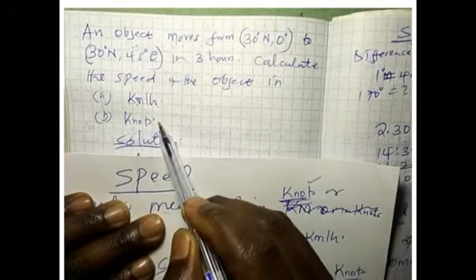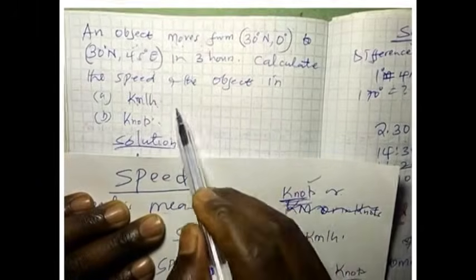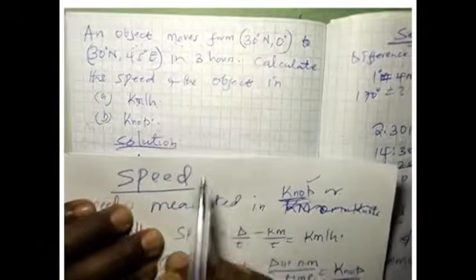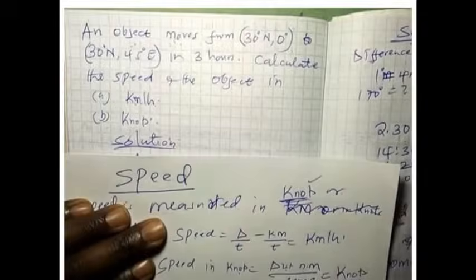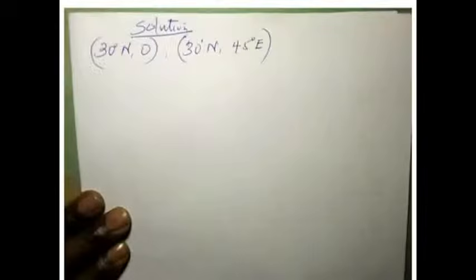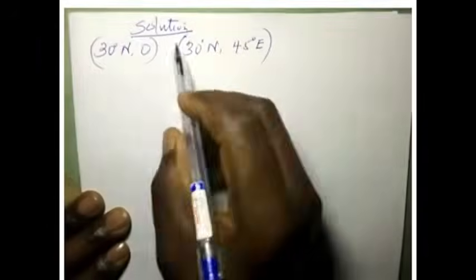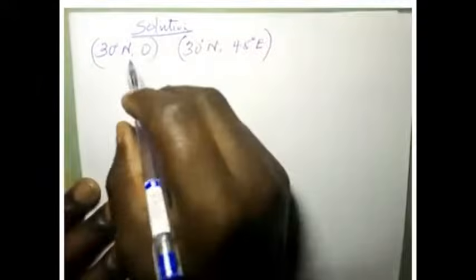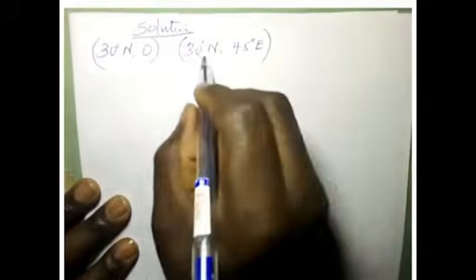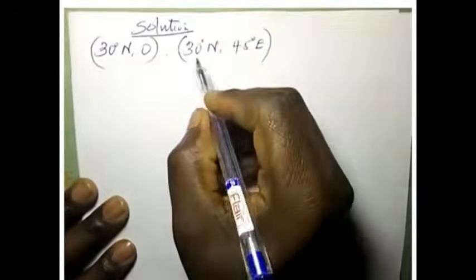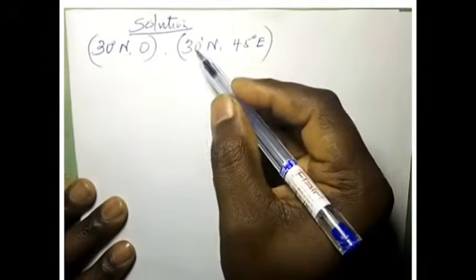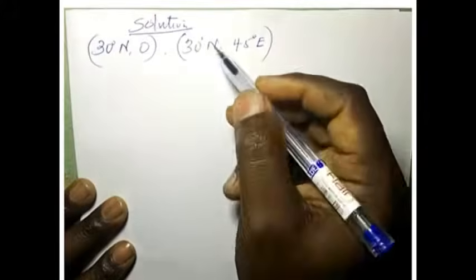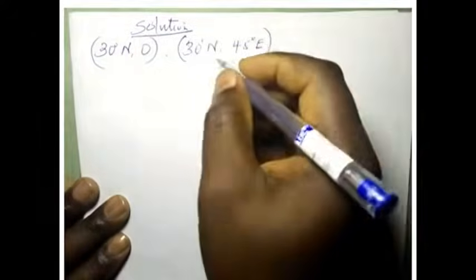So like I have said, first we must get the distance, and then we have the time, we will get the speed, as simple as that. So first we want to know, is this a small circle or a great circle? How do you know? This one is a small circle because the latitude is 30. We said all latitudes are small circles except the equator, which is 0 degrees.